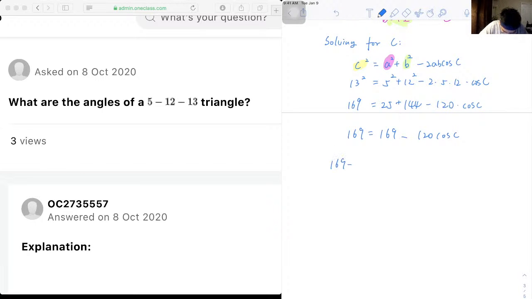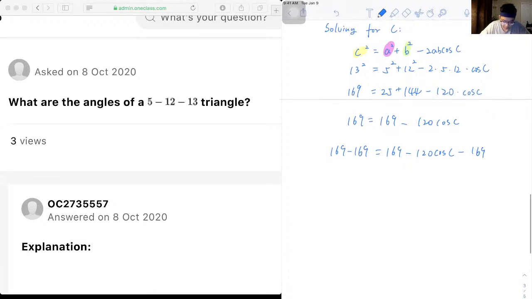So we get 169 minus 169 is equal to 169 minus 120 cosine C minus 169, and the 169s cancel out, so we will have 0 is equal to negative 120 cosine C, right?